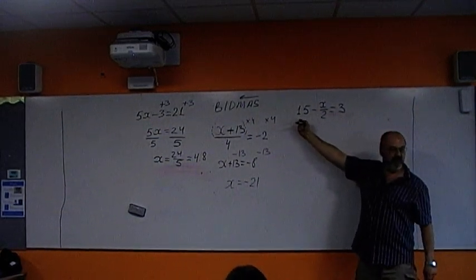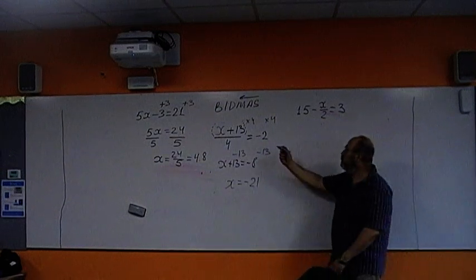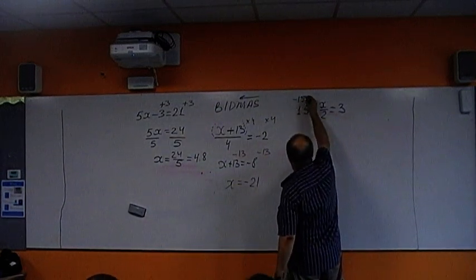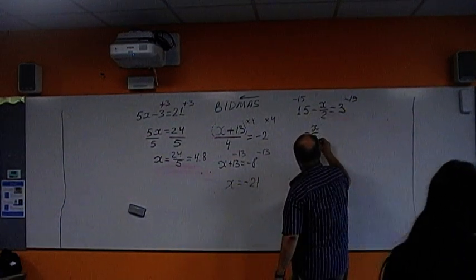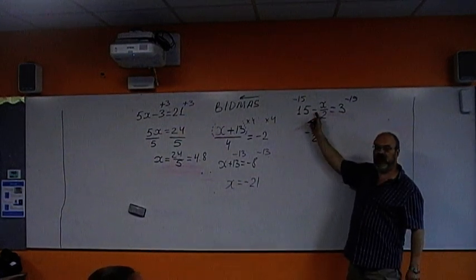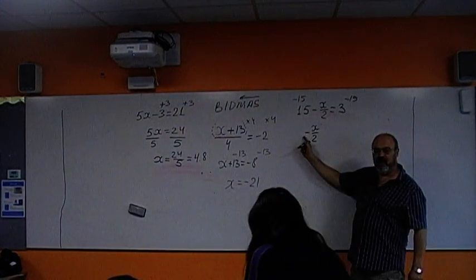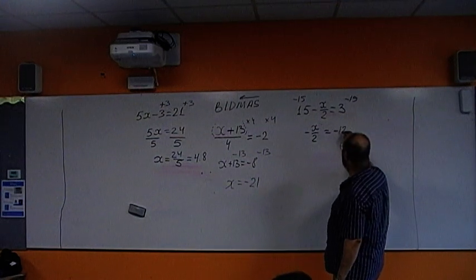We have positive 15. How can we get rid of positive 15? We minus 15 on both sides. So you get negative x on 2. Make sure that you don't lose this sign. Negative x on 2 has to be 3 minus 15, negative 12.